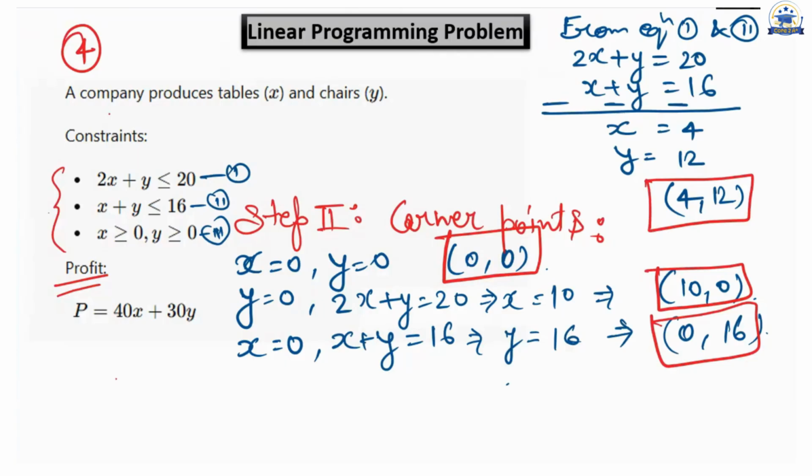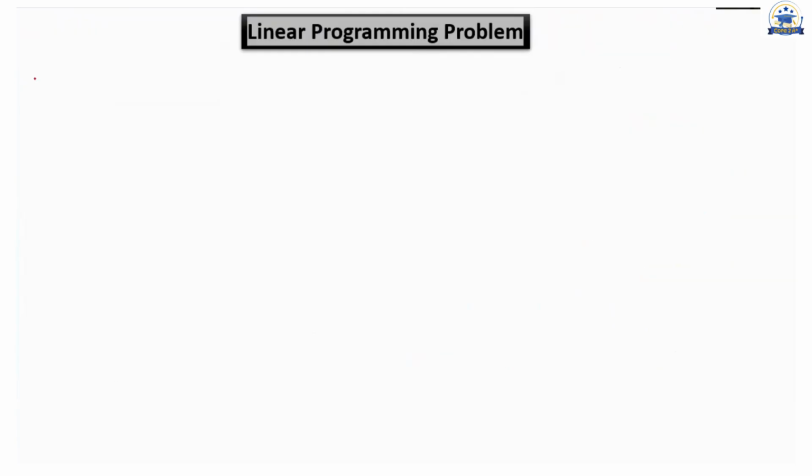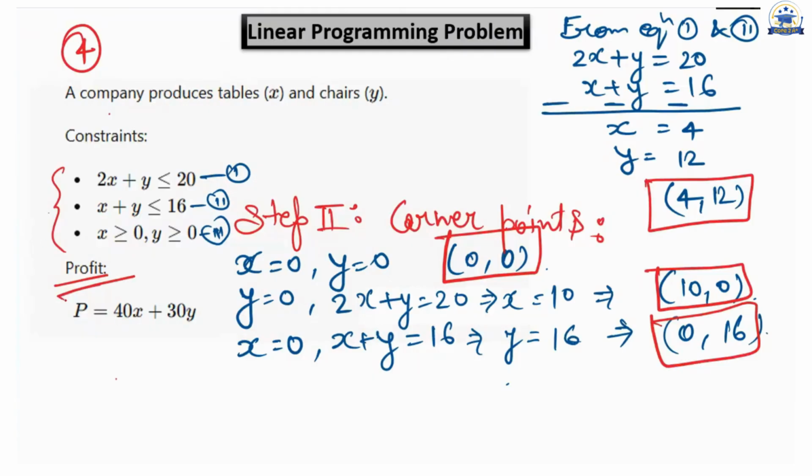Now moving to step 3. In step 3, you have to find, minimize or maximize, whatever it is asking. What is it asking? Profit. You have to maximize. Finding the maximum value at all four coordinates. If we have four coordinates, it would be a quadrilateral if we plot on a graph.